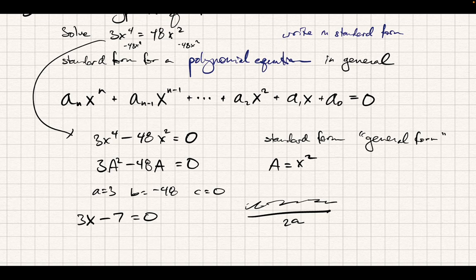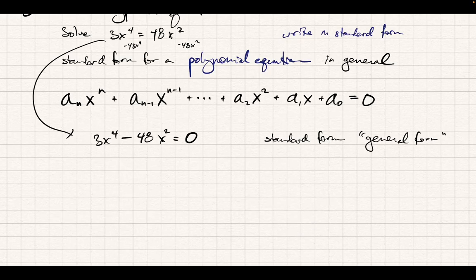No. Why? There's no x squared, so what's my a? 0. Can I put 0 in the denominator? No. That one won't work if it's not a quadratic. If it is a quadratic, we do have that option, but we're not doing that right now.